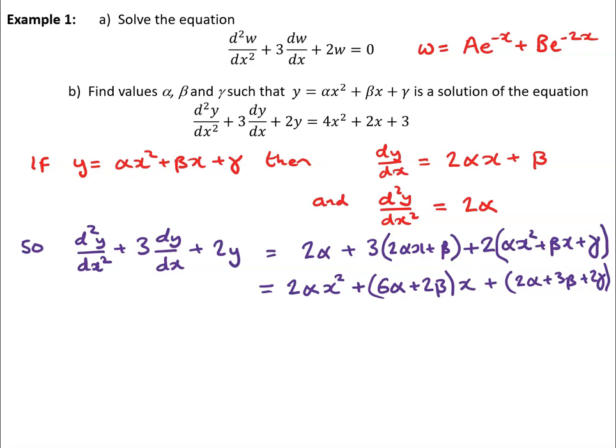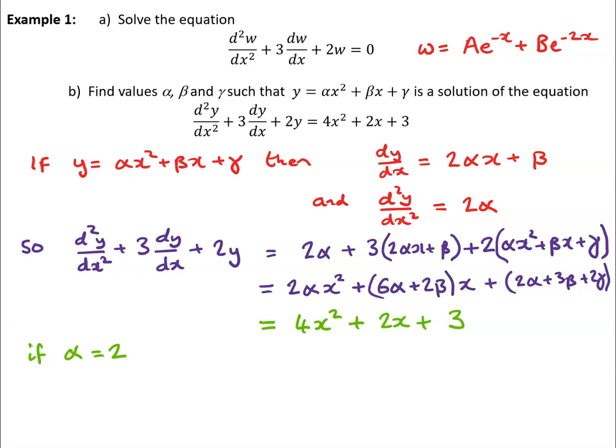And what we want is for this expression to be the same as the right hand side of our differential equation. So we want this expression to be equal to 4x squared plus 2x plus 3. Looking at the x squared terms first of all, we're going to have 4 has got to equal 2 alpha.